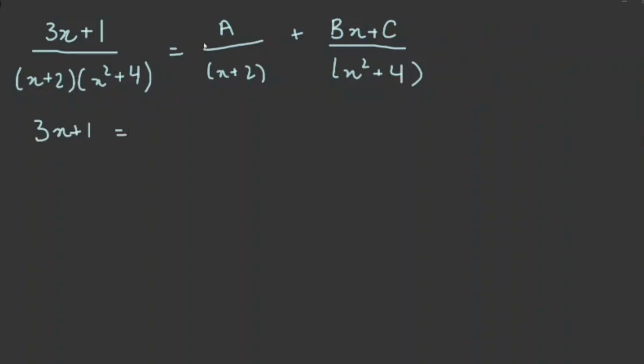Then we will multiply by this factor, then this would get cancelled out, then we get A times x squared plus 4. Then here this would get cancelled out, then we get bx plus c times x plus 2. Now just open the brackets.